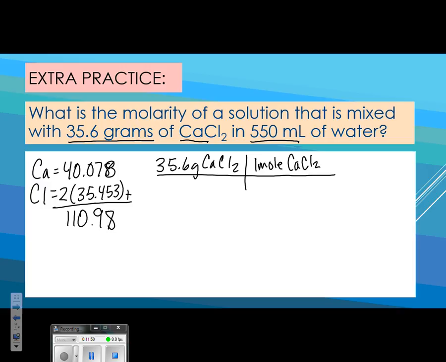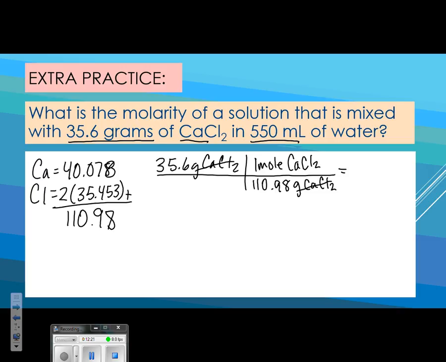And on the bottom I'm going to put that 110.98 grams of calcium chloride. Grams of calcium chloride go out and we end up with moles. Somebody throw that through. It should be high 2s.